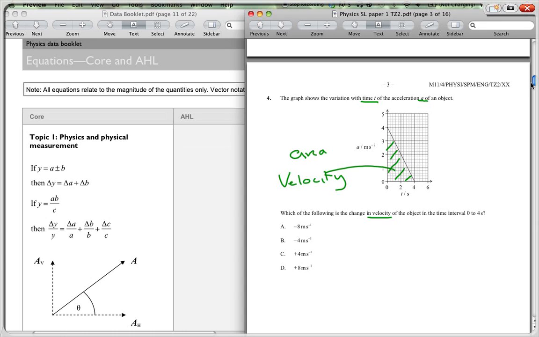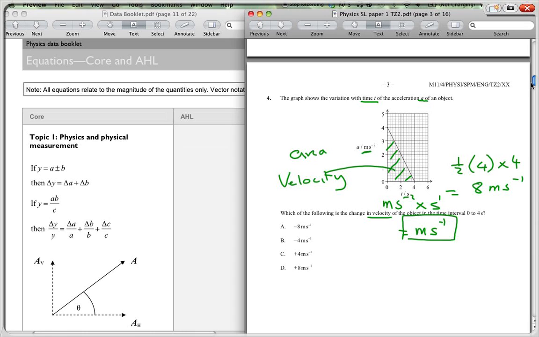So here I have a triangle, so I'm going to get half times 4 times 4, and that is 16 times a half, which is 8 meters per second. Notice that your units cancel out, because you've got meters per second to the minus 2 times a second, and that cancels to meters per second to the negative 1. So when you work out the area, you are getting a velocity term.